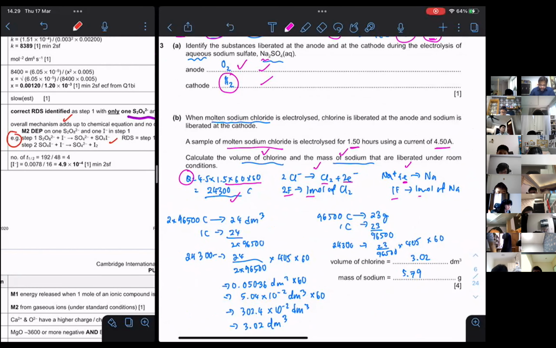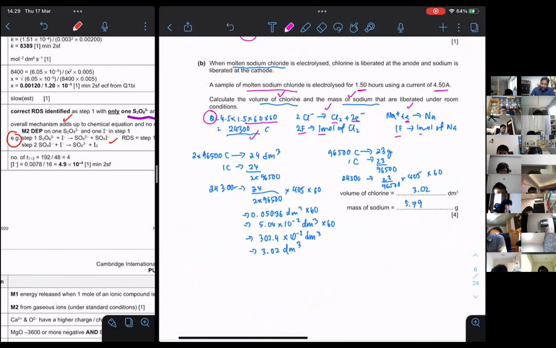So how to do it? First, if you're talking about Cl2, it is 2 Faraday. Use 1 Faraday is 96500, and 1 mole gives you 24 dm cube. So 1 coulomb will give you this, and we are looking at 24,300. You calculate and you will get 3.02 dm cube, you write down.